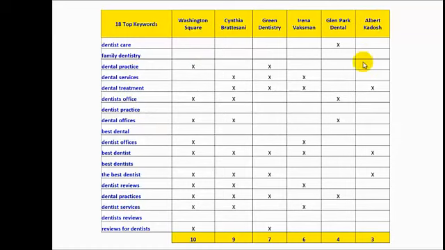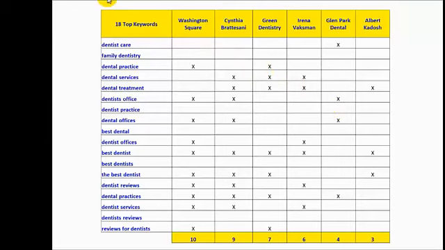I chose these because they kept showing up over and over again. Washington Square would be declared the winner as far as I'm concerned, because they're located on one of those first 7 spots on Google Places 10 times out of 18. You can see the results for the other ones as well. Everyone on here is doing some things very well, and this is why they're getting free real estate on Google, which you can't beat.